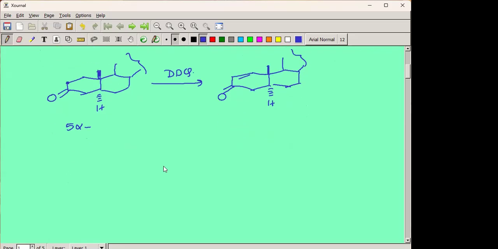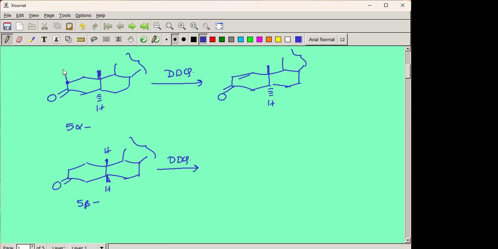And similarly, we go with the 5 beta. So what is the difference between 5 alpha and 5 beta? So this is a 5 beta steroidal compound. These are the hydrogens, which are in wedge representation, thick wedge representation, when treated with DDQ. In the case of 5 alpha, this is a favorable position.